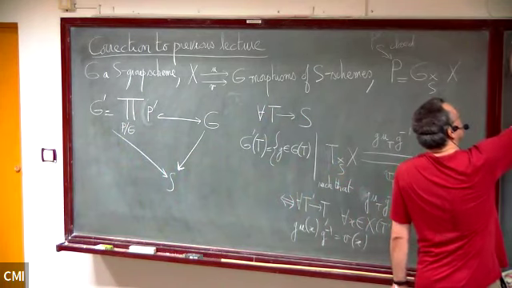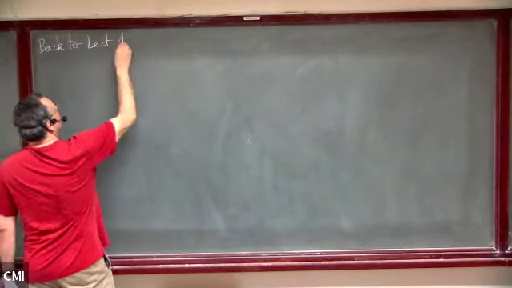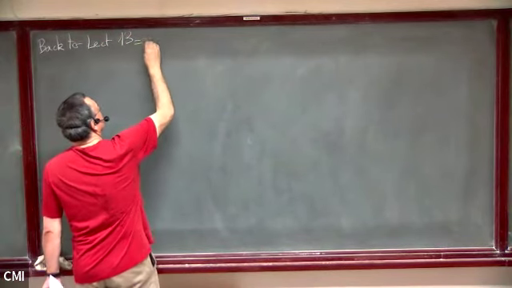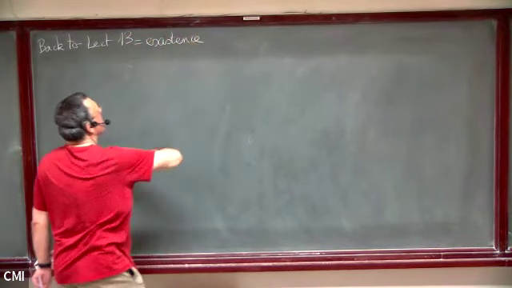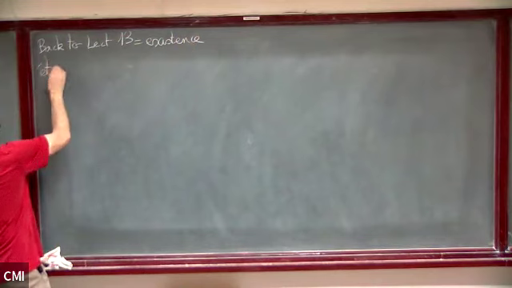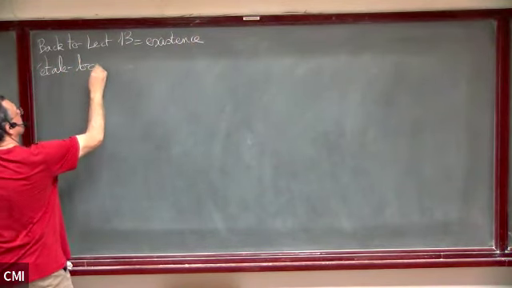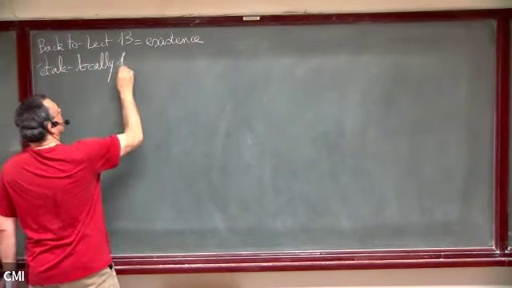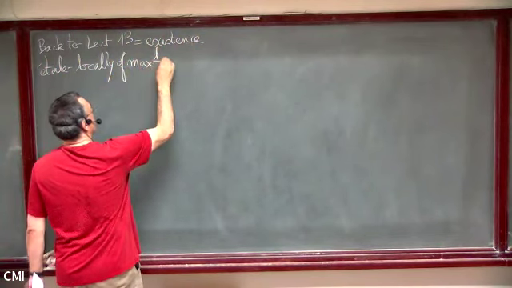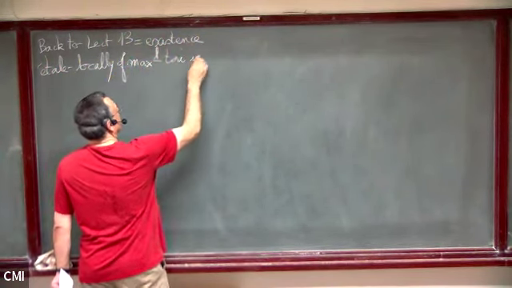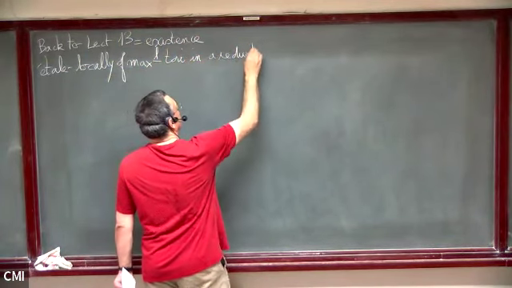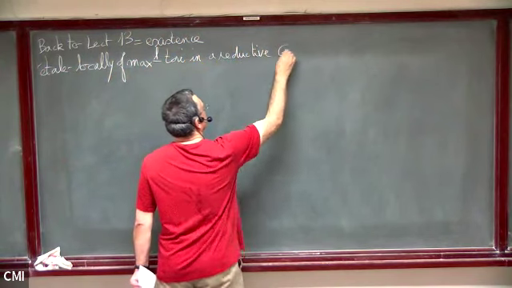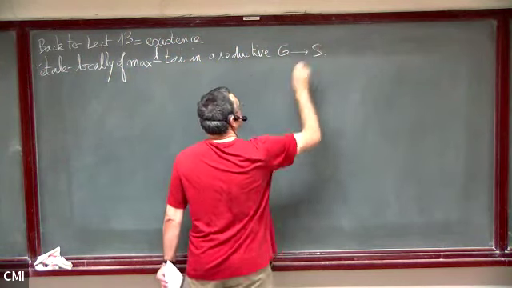And now back to lecture 13, which is existence étale locally of maximal tori in reductive groups.